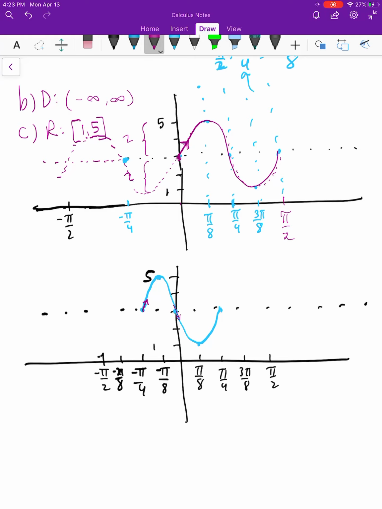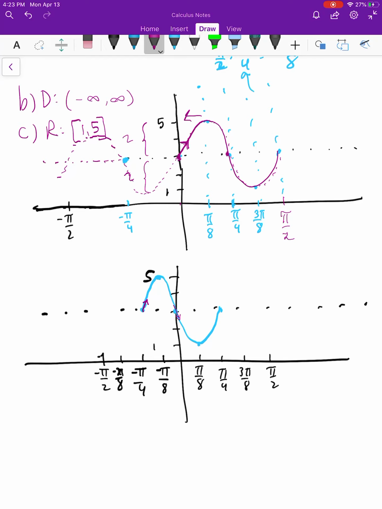Notice that at 0, this one's going negatively through. Do you see how they look different? This one's going positively through at 0, and that one's going negatively through at 0 because I basically just shifted this over. And so this piece right here is at my 0 now.